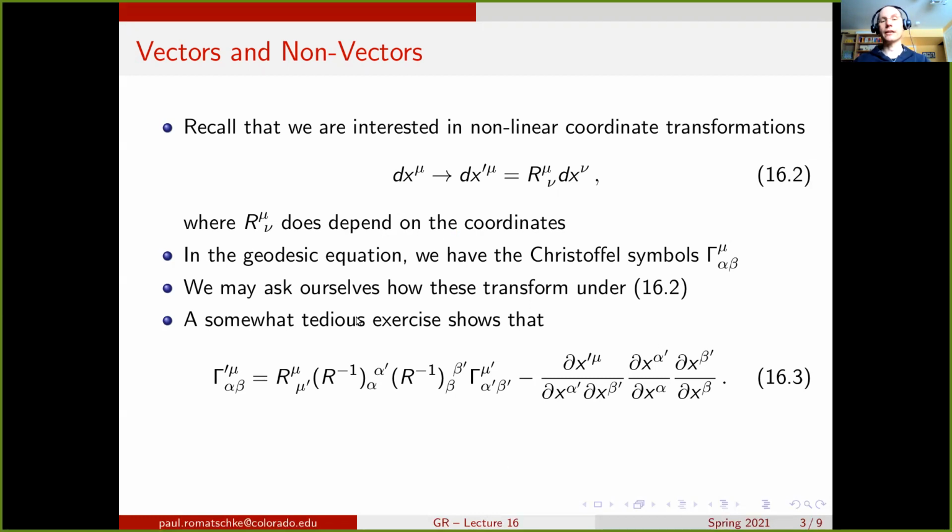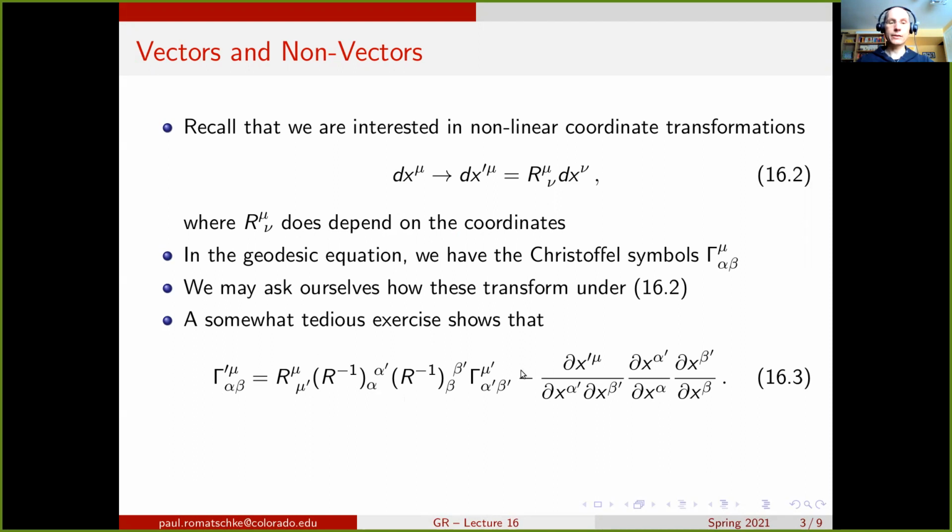And you can find that this is the transformation law of the Christoffels from the unprimed coordinate system to the primed coordinate system. Essentially we have one piece here, which involves three of the transformation matrices R, one acting on each index of the original symbol.